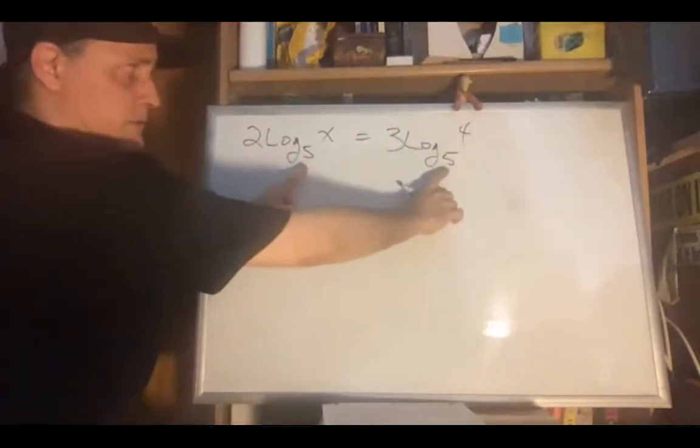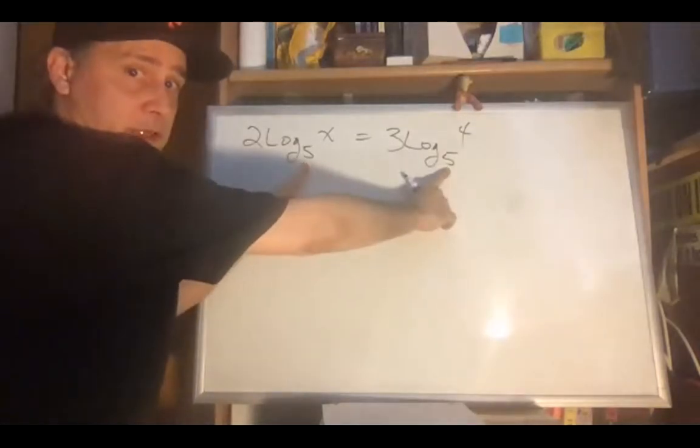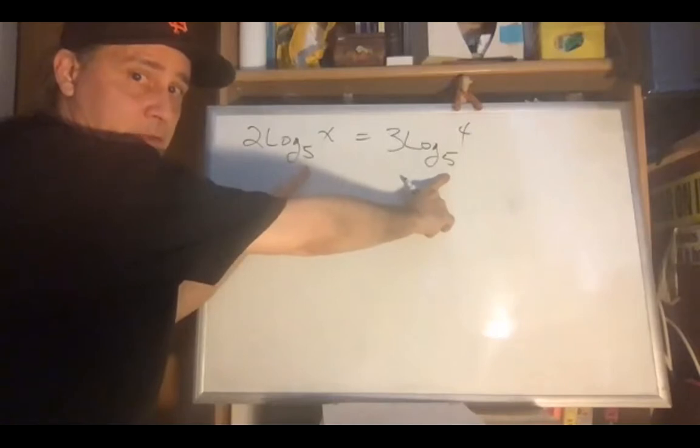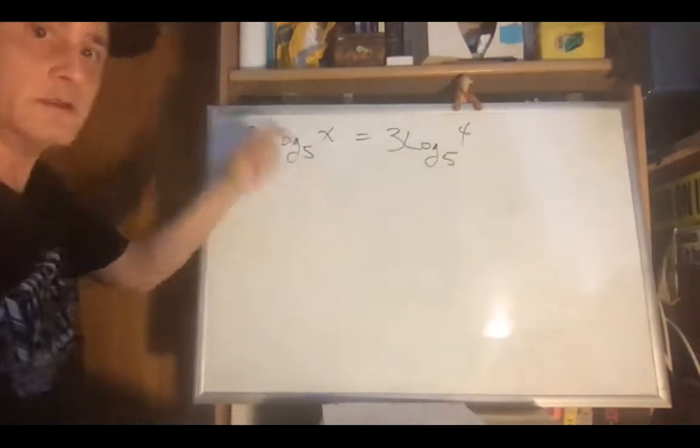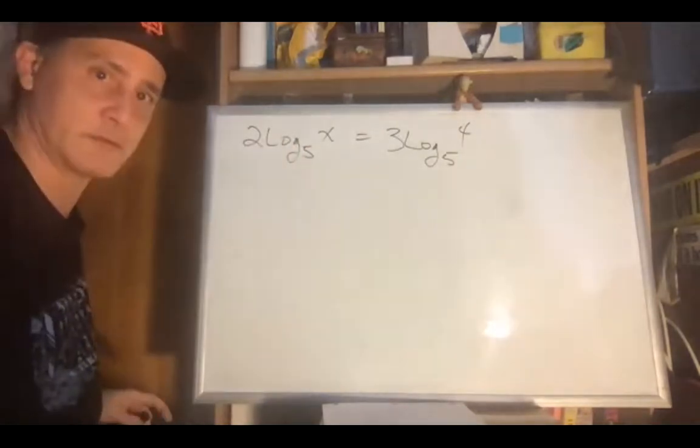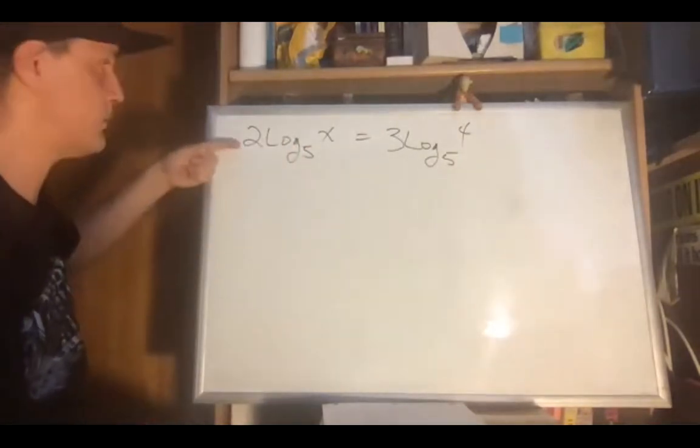Now, since these two bases are the same, then we just got to get the logs equal to each other. If these two bases were not the same, then we still got to get the logs equal to each other, but then we'll have to do the change in base property, which just basically converts to log base 10 when you use the change in base property.